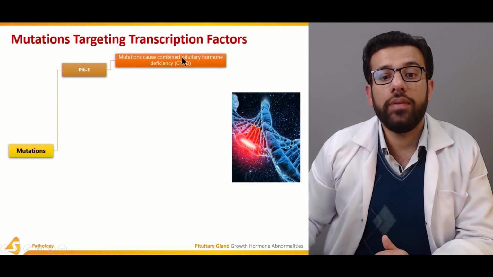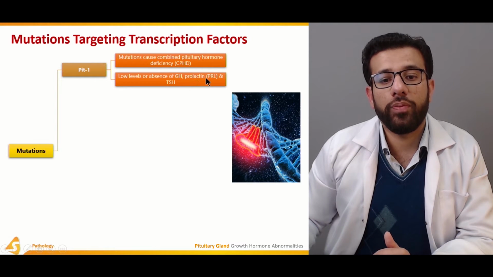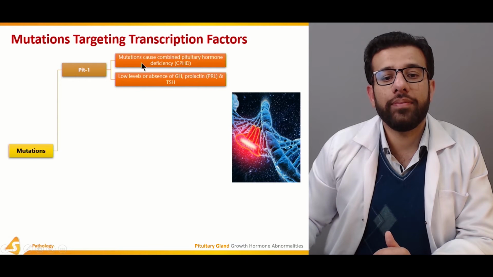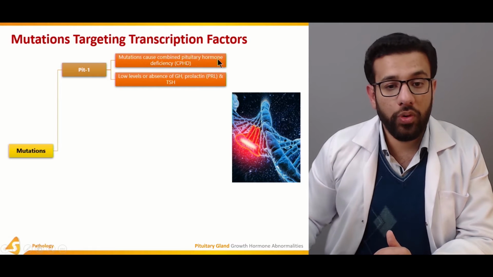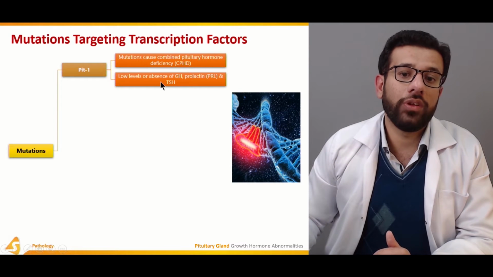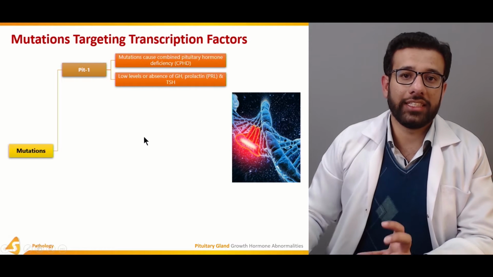The combined pituitary hormones are deficient in PIT1, with low levels or absence of the growth hormone, prolactin, and TSH. So what is the basic mechanism? Initially in PIT1, the mutation causes combined pituitary hormone deficiency, which results in low levels of the growth hormone, prolactin, and TSH.